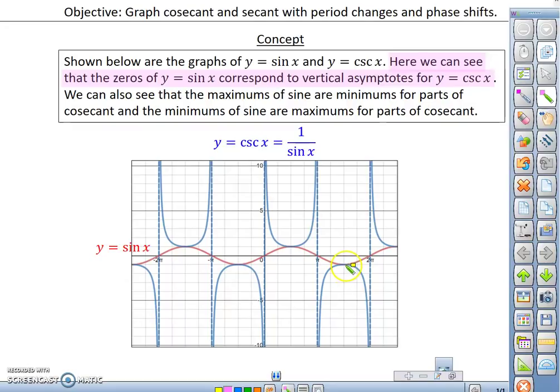And the relative minimum of sine at 3 pi halves comma negative 1 becomes a relative maximum of the U-shaped cosecant curve here. So since this is one full period from 0 to 2 pi of sine, both of these U-shaped curves create a full period of our cosecant function.